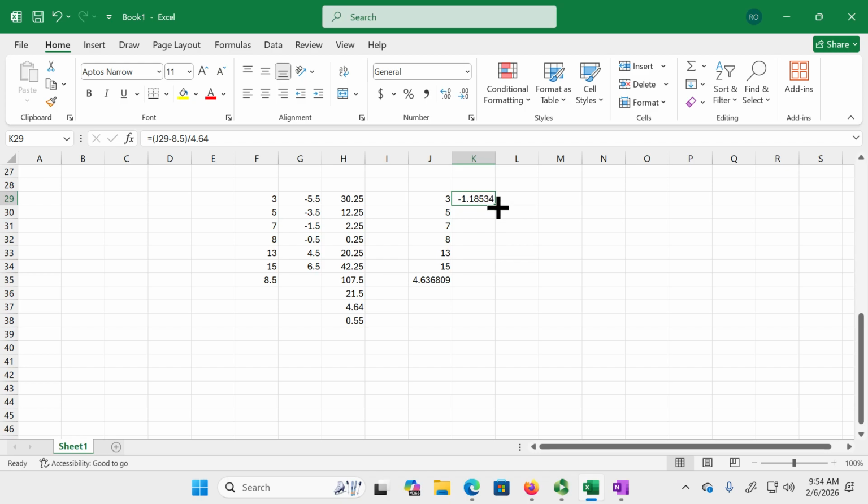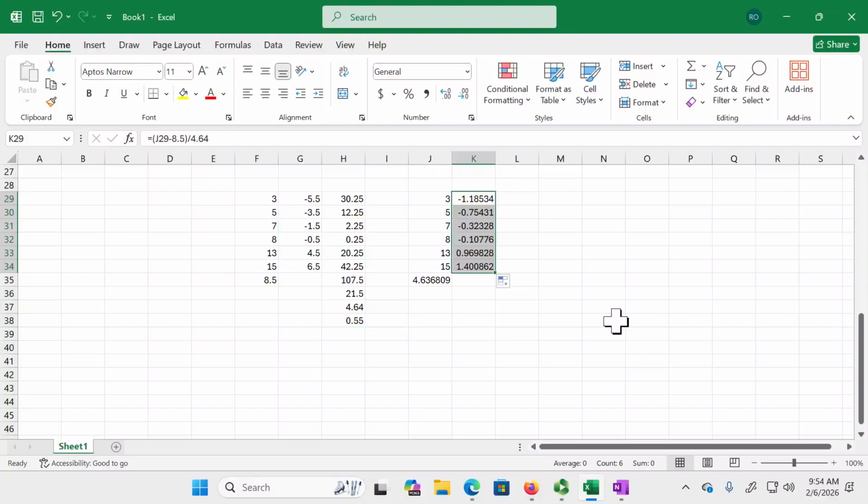I copy this down. I can tell how far out each of these is. The 15 is 1.4 standard deviations above the average. The 3 is 1.18 standard deviations below the average. The 8 is basically at the average.